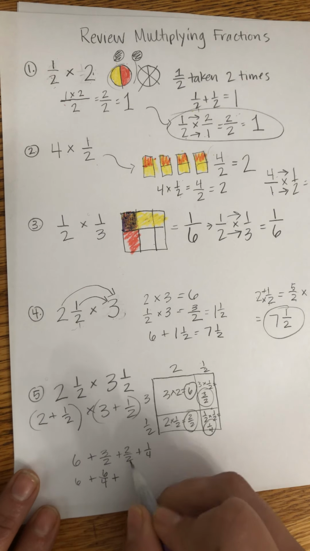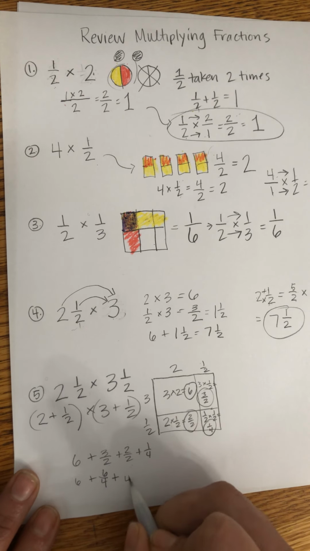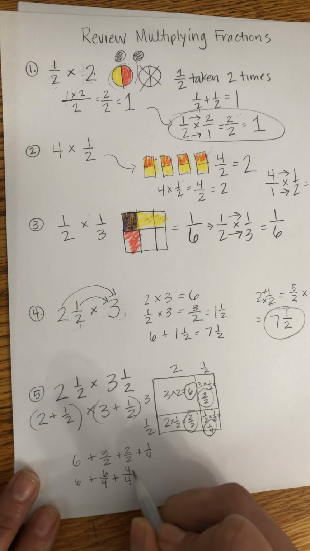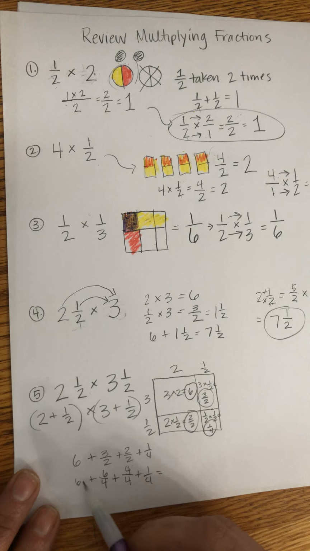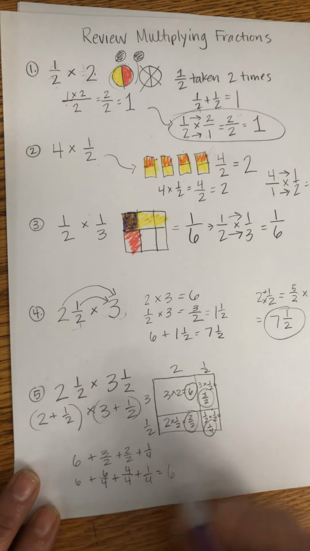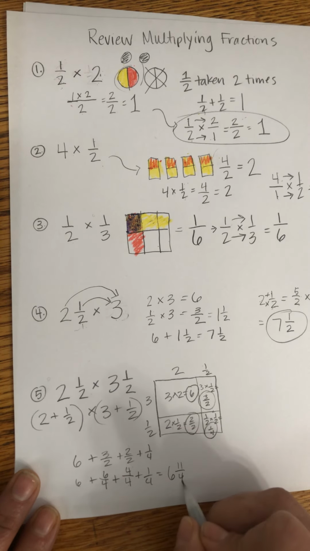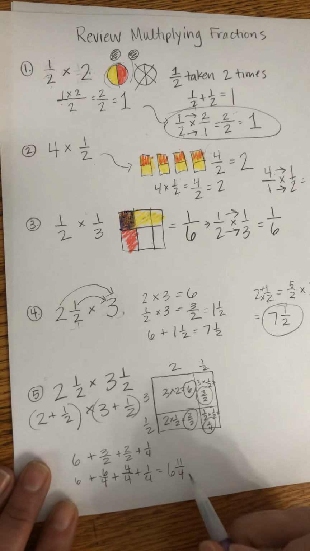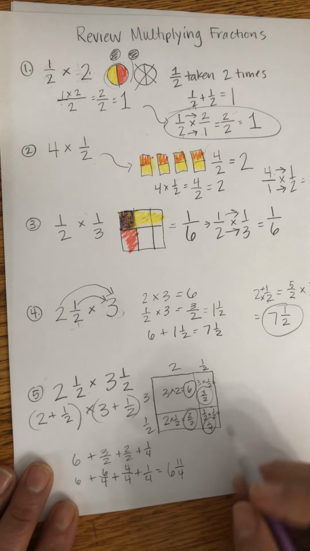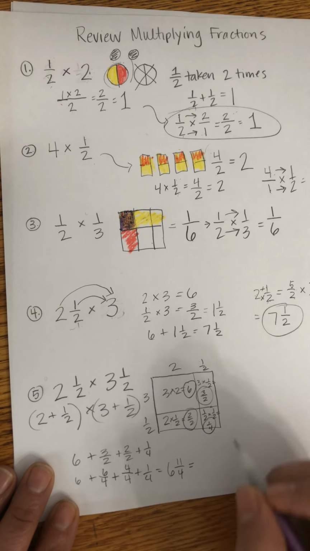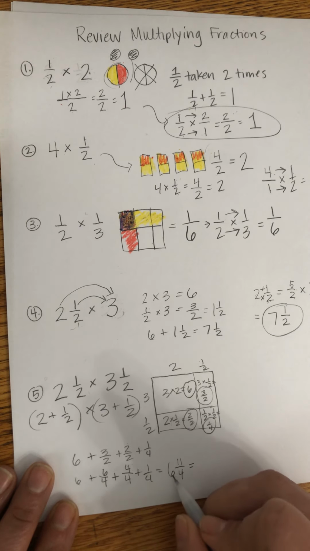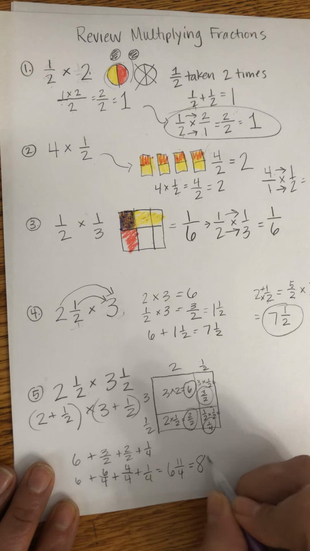And then 2/2 with a denominator of 4 is just 4/4 plus 1/4 equals 6 and 11/4. And then obviously that is an improper fraction inside a mixed number, so you have to simplify. So 11/4 is 2 and 2/4, which is 2 1/2, combined with 6 is 8 and 1/2.